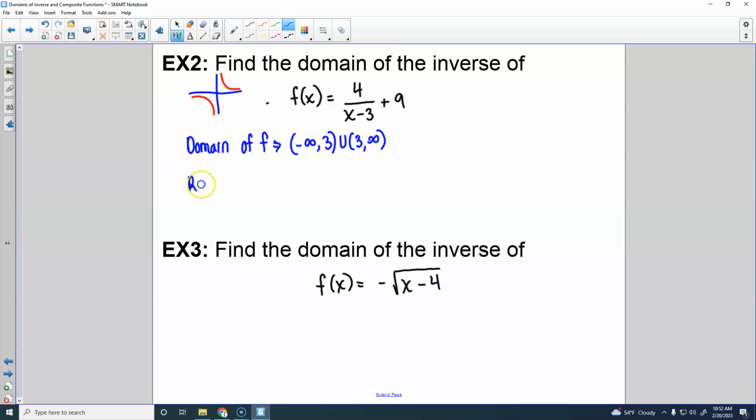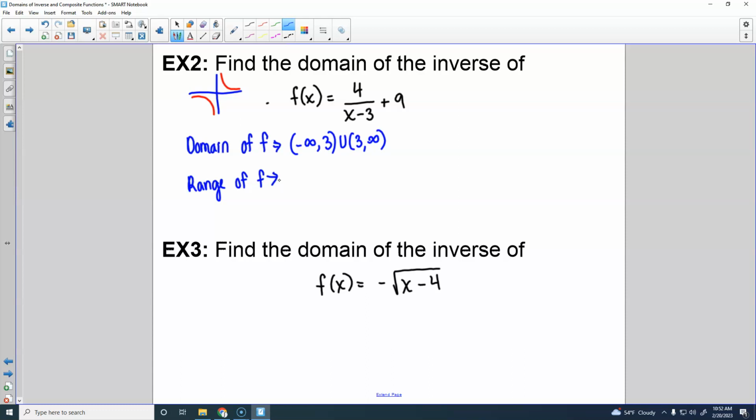Our range of f here, let's think about what number we're not going to get for our range. So that's our horizontal asymptote, right? That y value that we're not going to have.